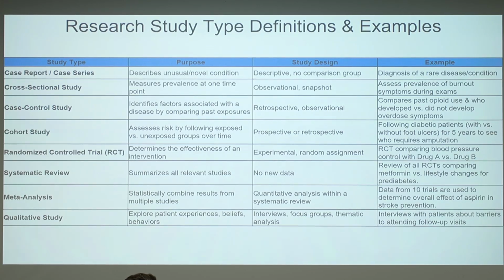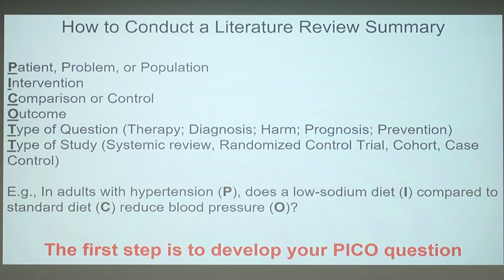And here's just general information about the different study design types, what they're used for, the type of particular study design temporally, and then some examples of each, just so you guys can use this information when you're looking at your articles for your PICO project, and again for the analyses that you will be doing in this course.